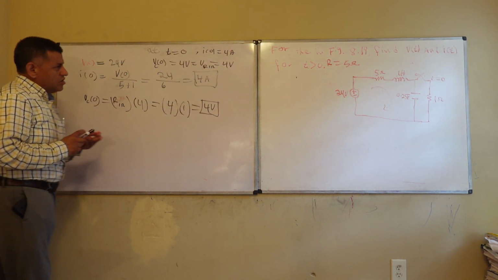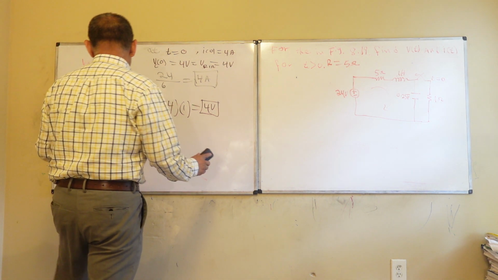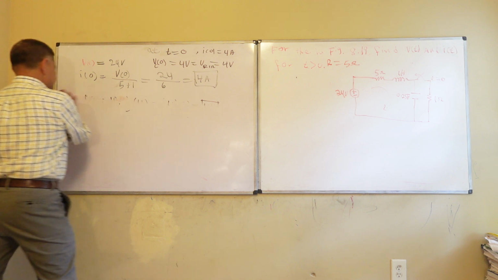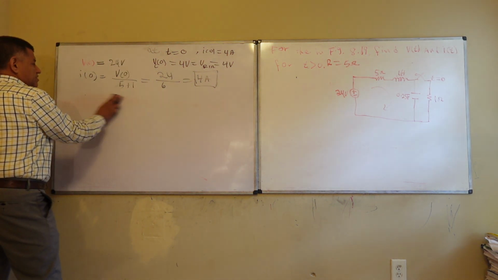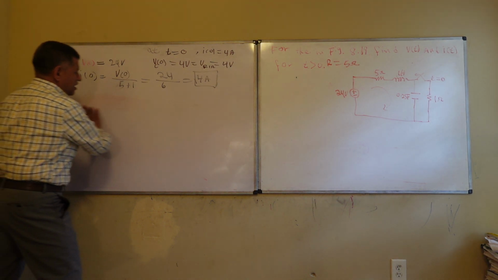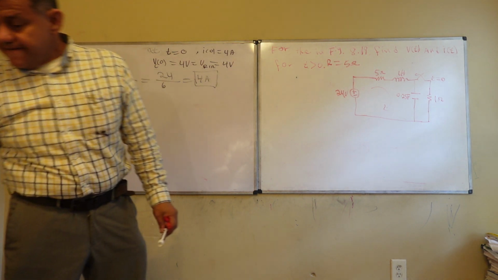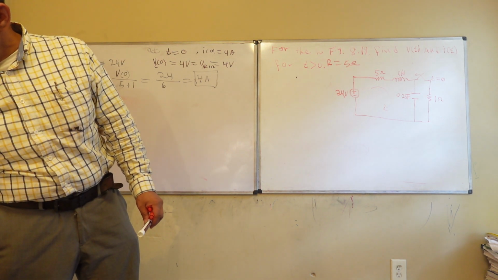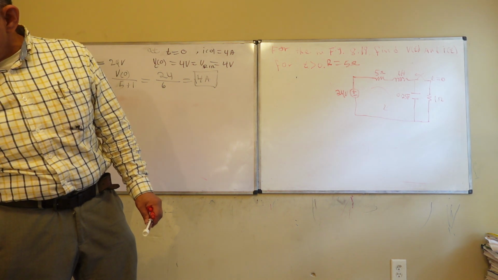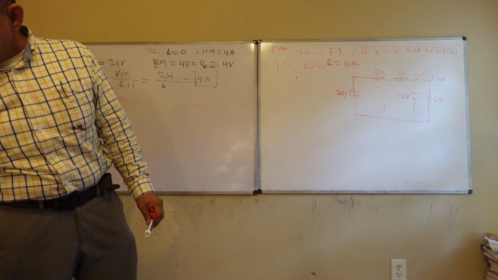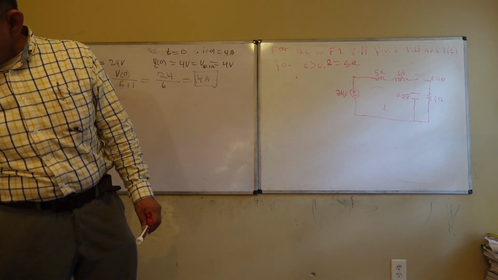Okay, now that we have that, let's do something else. Let's find the values to analyze the circuit, whether the circuit is underdamped, overdamped, or critically damped.